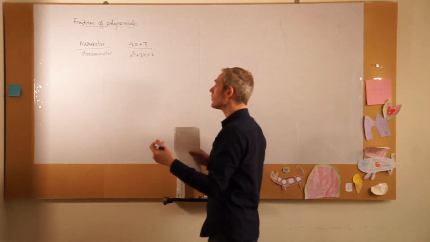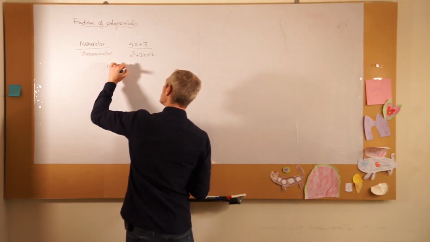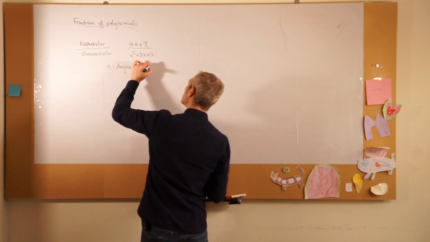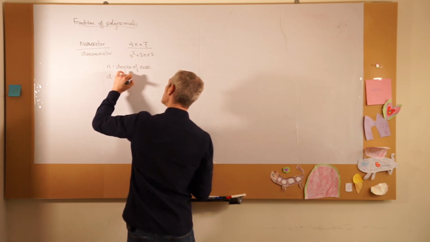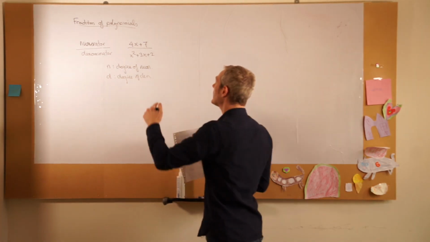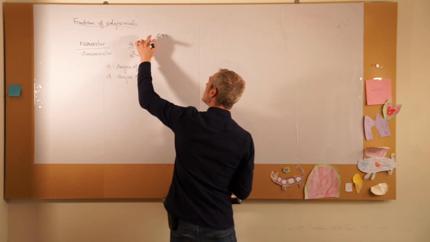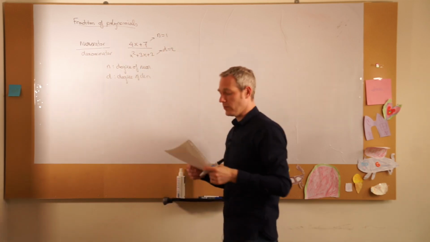Well, the degree of the numerator we will denote with n, so that's the degree of the numerator, and d is the degree of the denominator. In our case here, n is equal to 1 and d is equal to 2.